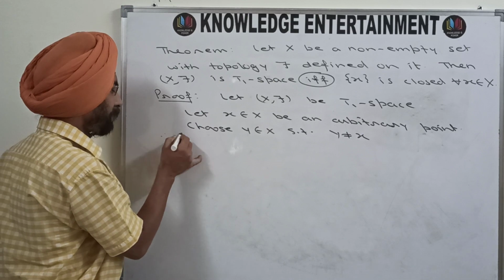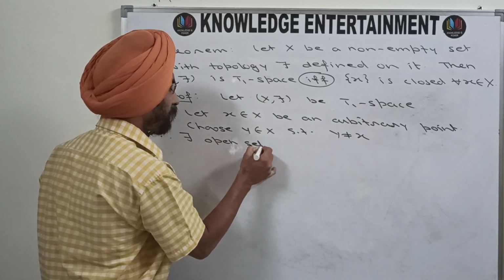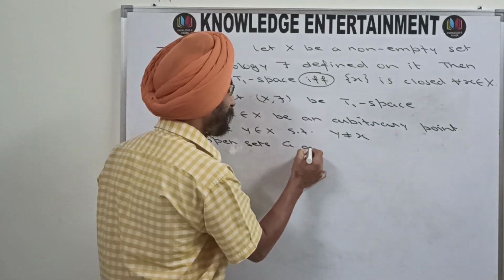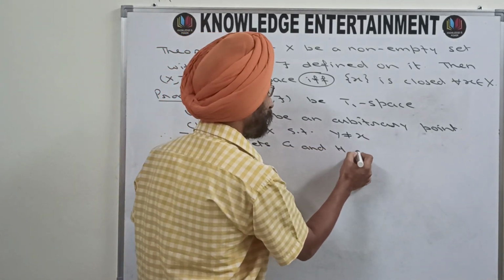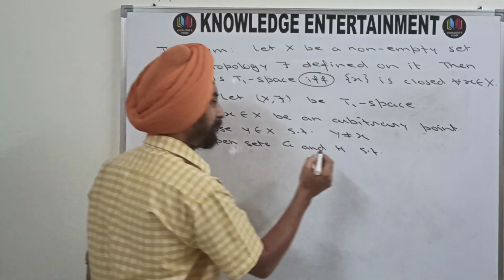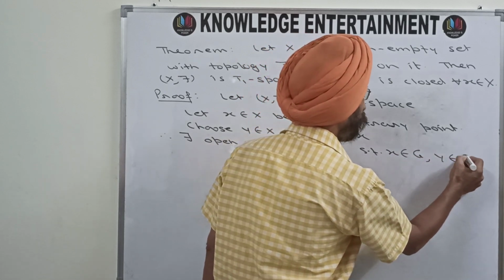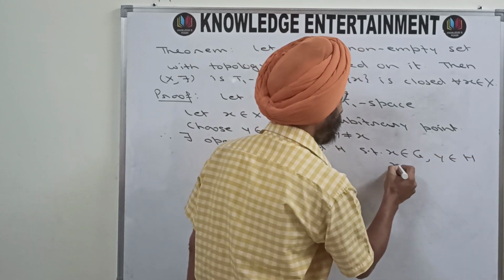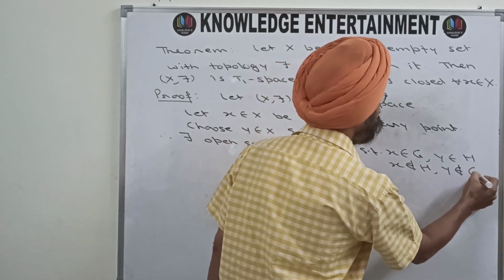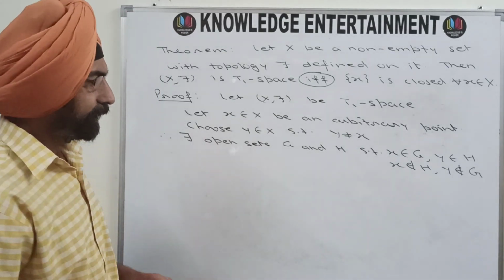So therefore, there exist open sets, or you can say tau open sets, G and H such that x belongs to G, y belongs to H, x does not belong to H, y does not belong to G. What actually I need?